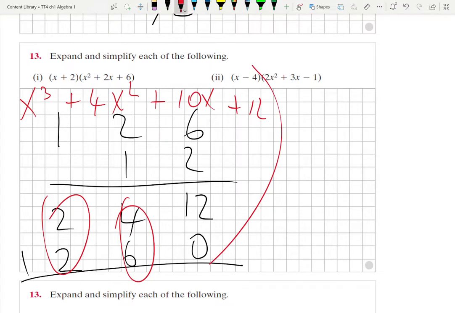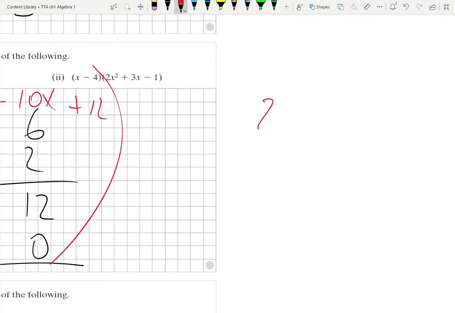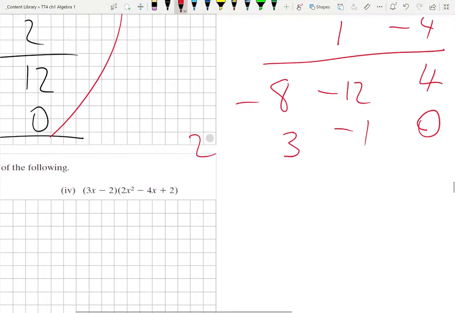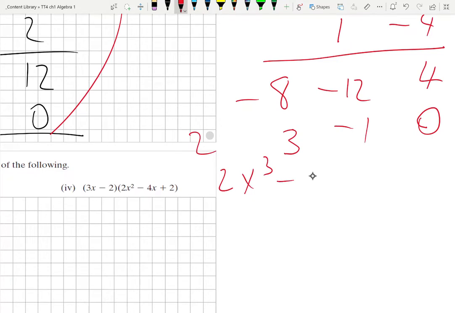Okay. And here we'll go 2, 3, negative 1, 1, negative 4, 4, negative 12, negative 8, 0, negative 1, 3, 2, which is 2x cubed minus 5x squared minus 13x plus 4.